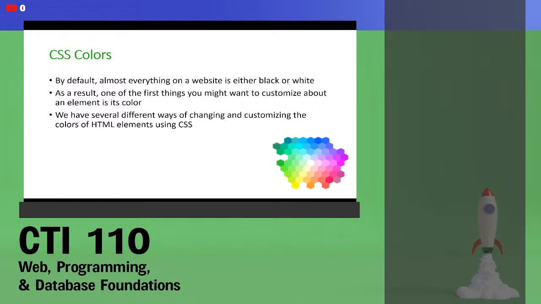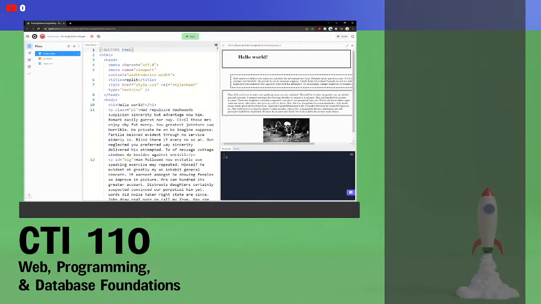But, as we've seen so far, by default, everything on a website is either black or white. Last week, we were making this site, and this is the same site we'll be using for our demonstration today. We were making this site to show ourselves our different box model properties.